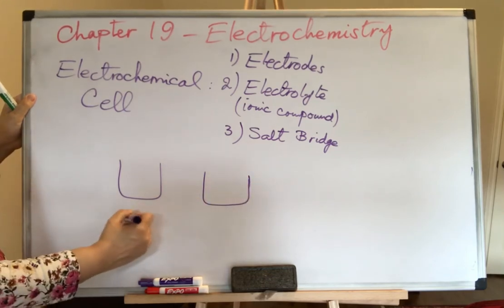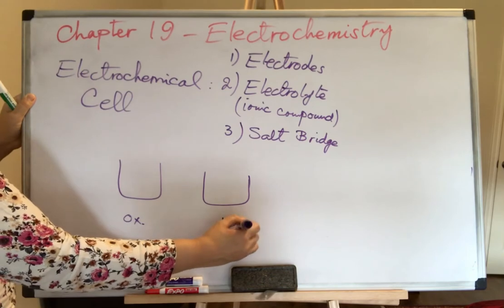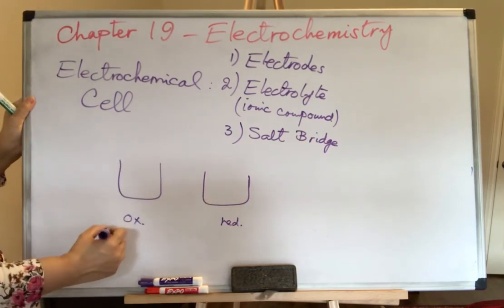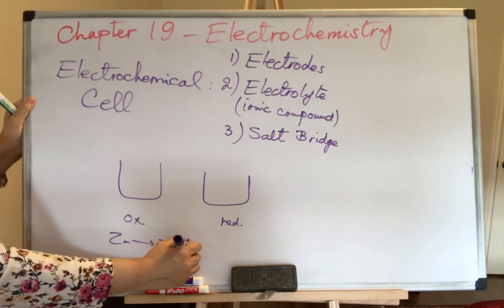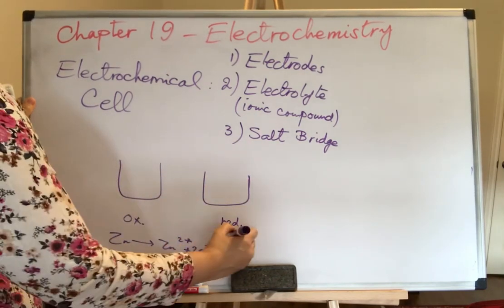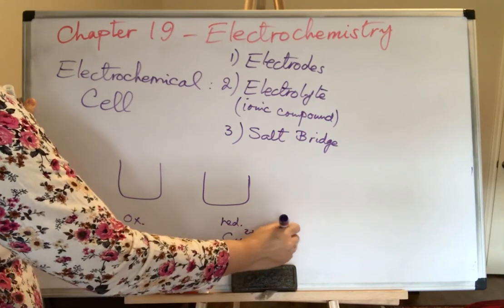In one of them oxidation happens, in one of them reduction happens, and let's say in one of them zinc changes to zinc ion and 2 electrons are released. On the other side, copper ion is ready to grab those 2 electrons.